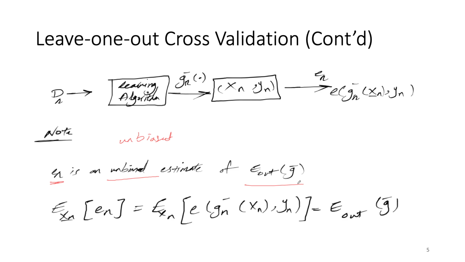Thus, we want to make sure this holds. So the expected value of En is going to be the expectation over xn of En, and this will be what we saw here. So the expectation over xn of En, we hope it becomes the real test error, right? So let's see if this holds.